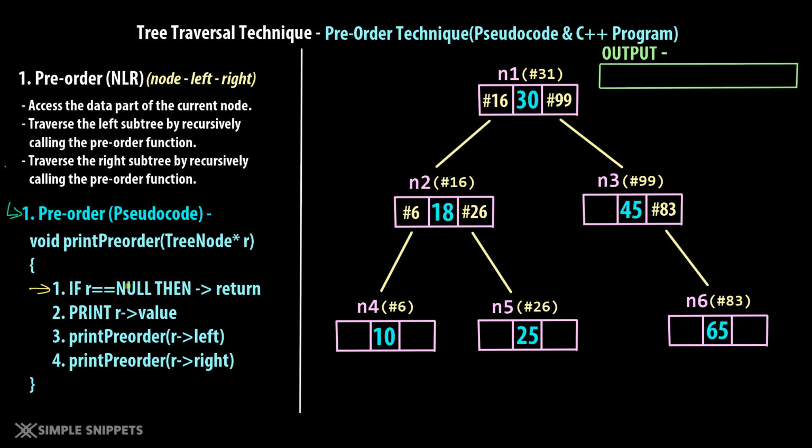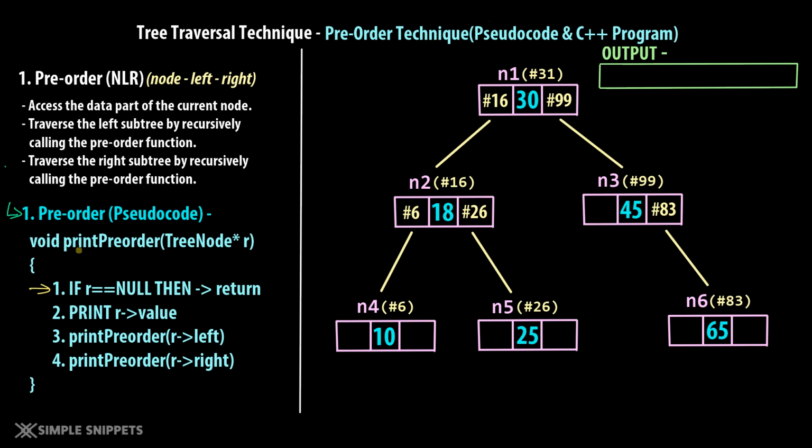So in the practical implementation, you need to write the code in such a way that there is a condition where the recursion will stop, and that is this step. I know it might not make sense as of now, but don't worry, we're going to run this entire PreOrder pseudocode step by step recursively with the help of diagrams, so you'll understand this condition as well as the different steps. But this is one extra step which is used to stop the recursion.